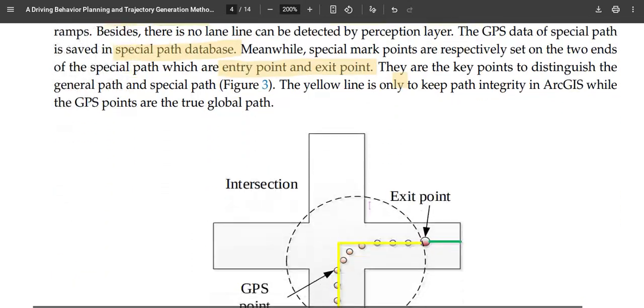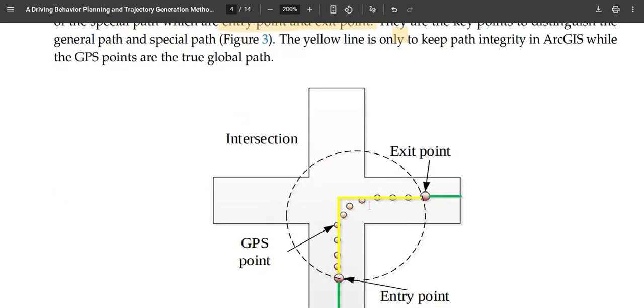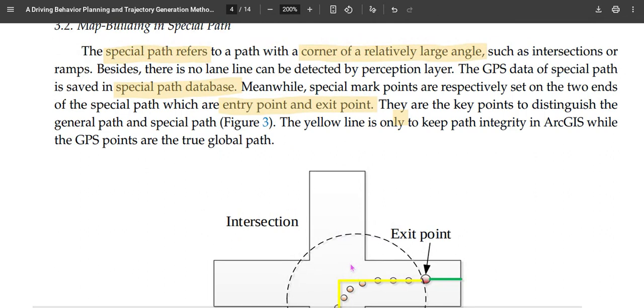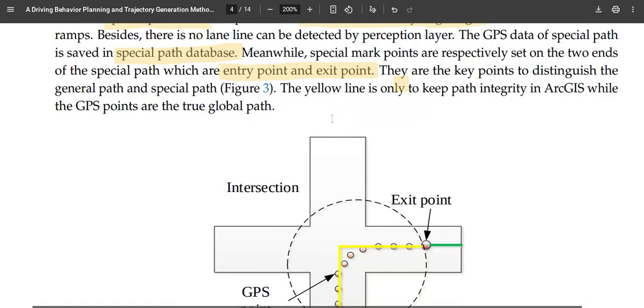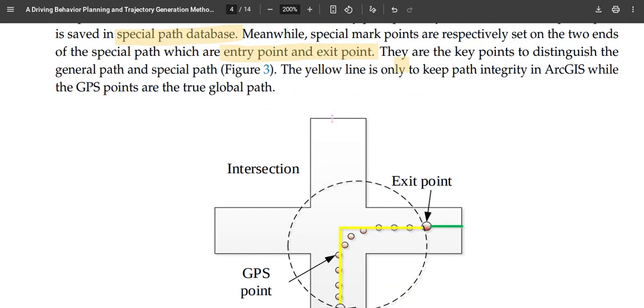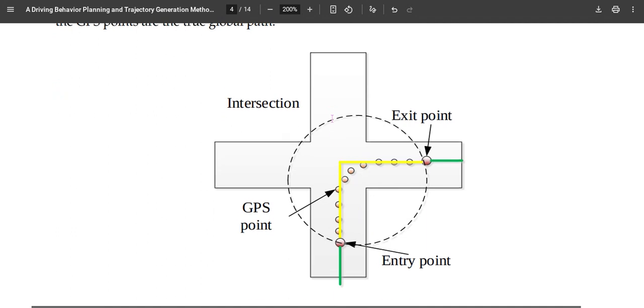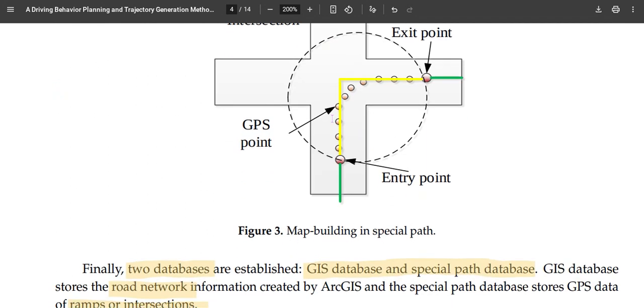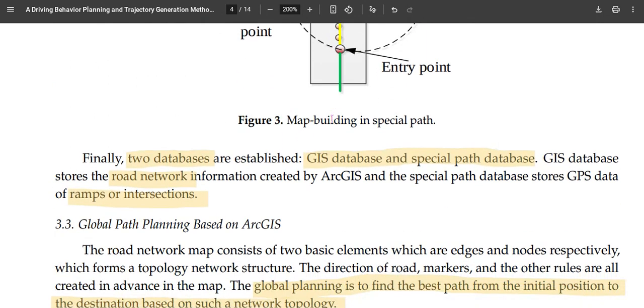And a special path is something like the curved paths at intersections, and this special path is stored in a database called the special path database, which has entry and exit points. Through these entry and exit points, we can identify the intersections, and the corresponding driving behavior can be invoked using the double layer finite state machine.